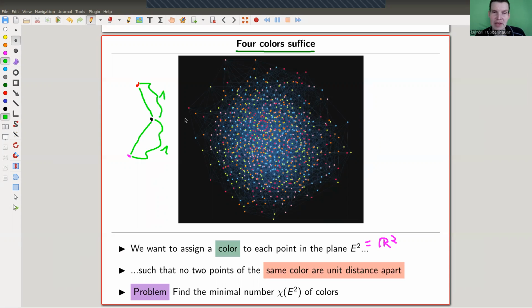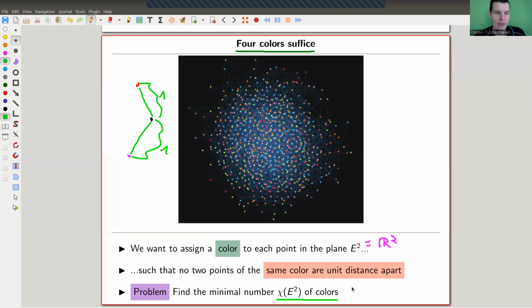So we just want to color. The coloring problem here is that adjacent points get different colors, where adjacency here means you get an edge if you are a unit distance apart. And okay, sounds like a fun problem. It's probably not a very important problem, but at least a fun problem to find the minimal number of colors that suffice. Right now, it's not even clear to me whether there is a minimal number or whether you need an infinite amount of colors.